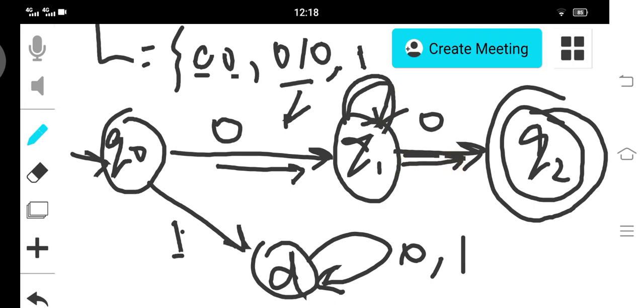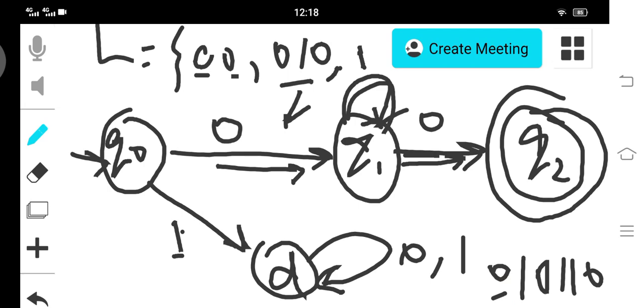Now if we have substrings like 0 1 0 1 1 and 0, starting with 0 and ending with 0, it goes from Q0 to Q1, 1 is a loop, then 0 goes to the final state.